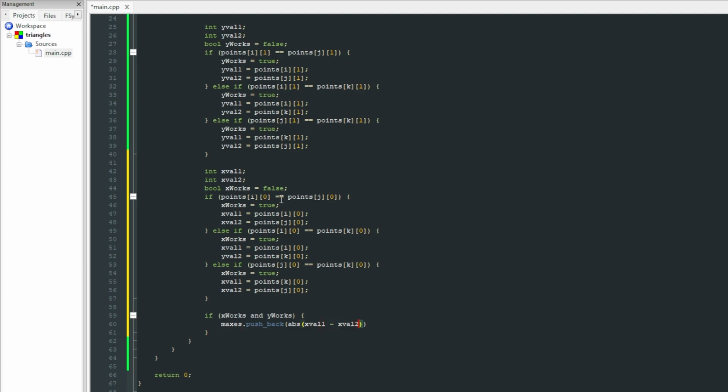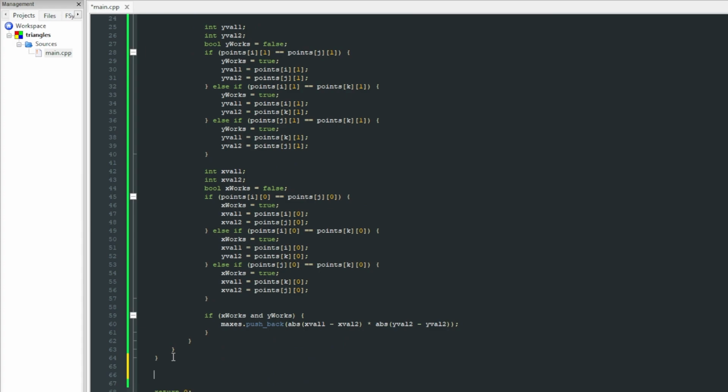This is just so we don't have to find which one is bigger and which one is smaller and then subtract. It's just going to take the absolute value, multiplied by yval1 minus yval2. And we've basically just done the majority of the algorithm.